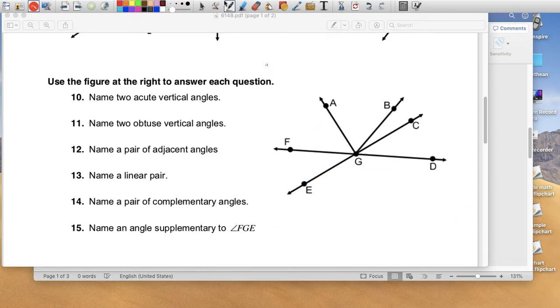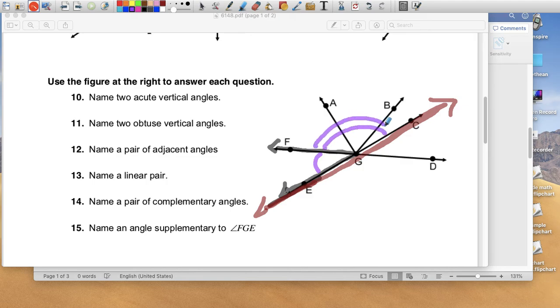So again, we're talking about FGE, let me highlight this one. So instead of that one, I could have used this straight line. The color's so bad, right? There's another straight line. So we could have talked about this angle, which we already know, plus this angle over here, and I'll double arc here, gives you 180.